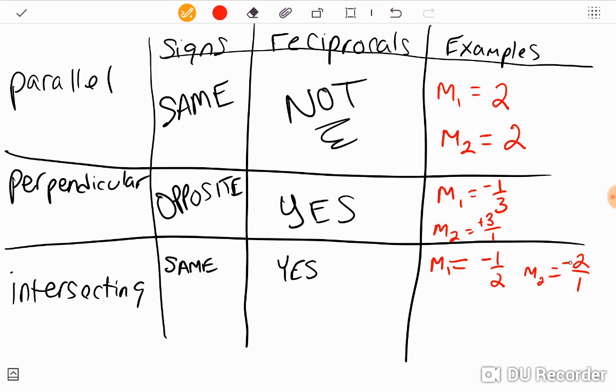So we have both of them are negative, but there's a reciprocal. In order for it to be parallel, the signs have to be the same, just like it is, and also it would have to stay the same. So it would have to be 1/2, 1/2. Okay, so that's why that's not parallel. It's not perpendicular because yes, it flipped. It has the reciprocal, right? But the signs are the same.